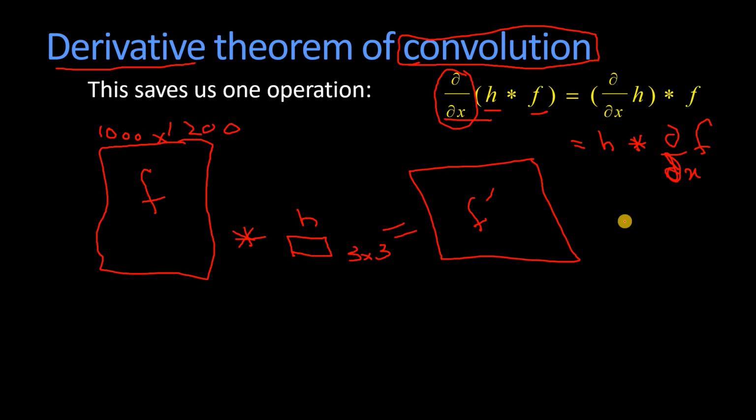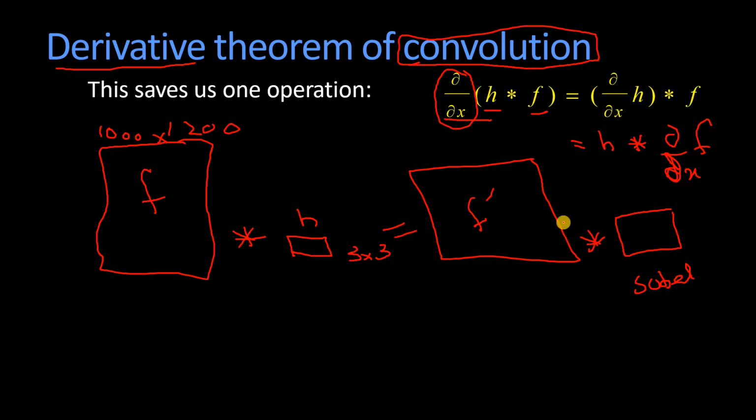Now on this smooth image, you correlate a Sobel operator. When you combine the Sobel operator with f prime, it means that you are taking the derivative of the image.